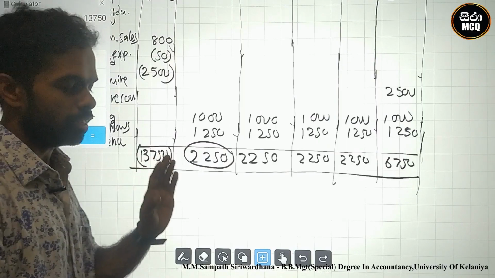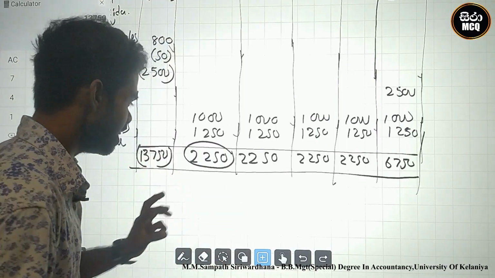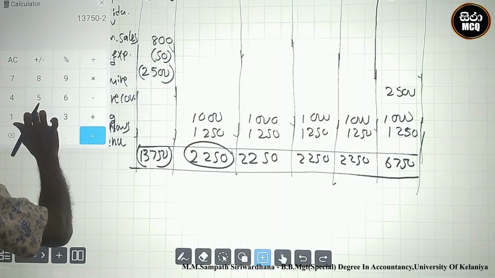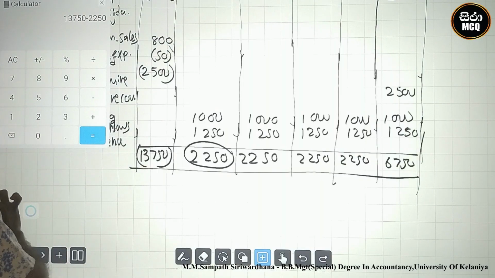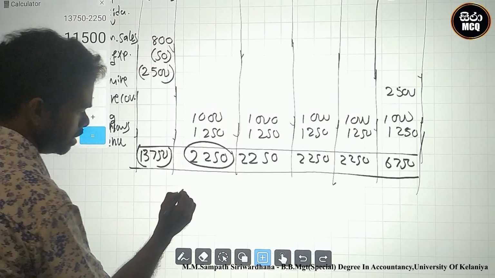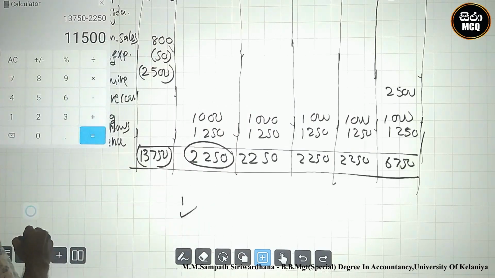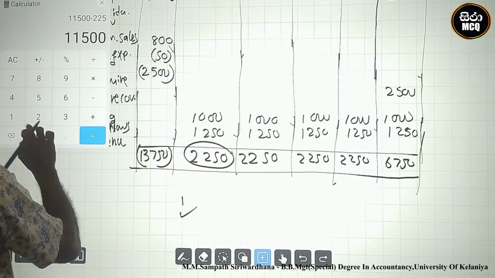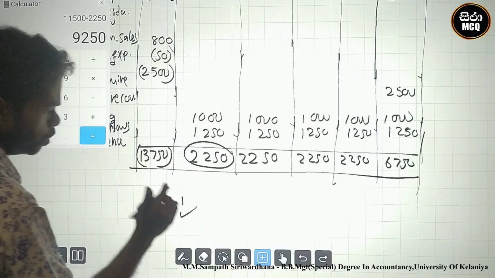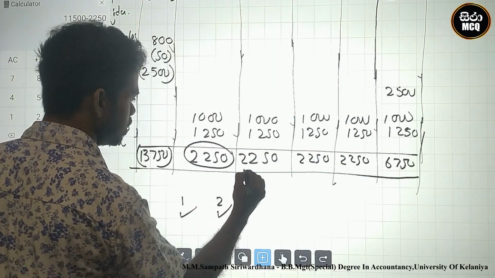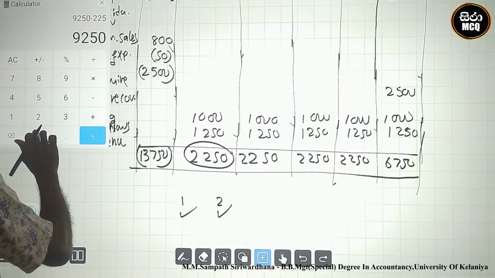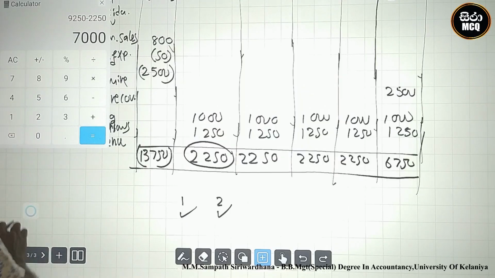Recovering means deducting, no? Therefore, I deduct minus 2,250, answer it. This is 1 year done. Second year I recover 2,250 again. There are 2 years done. Another year, minus 2,250, answer it.